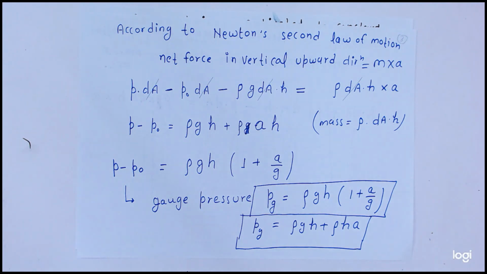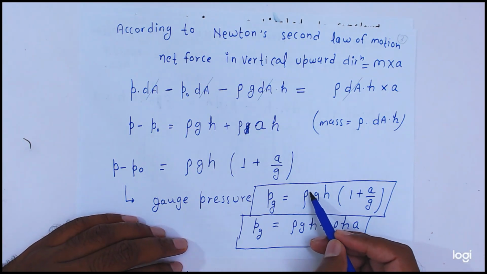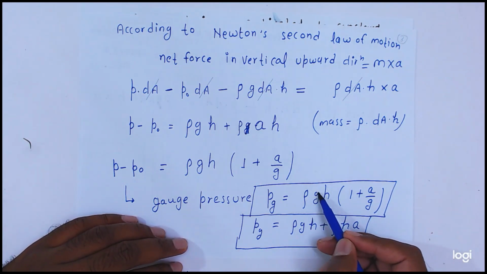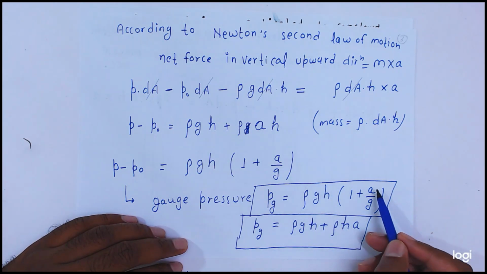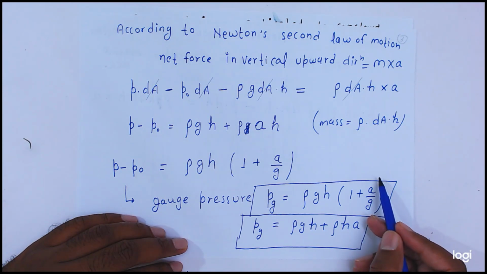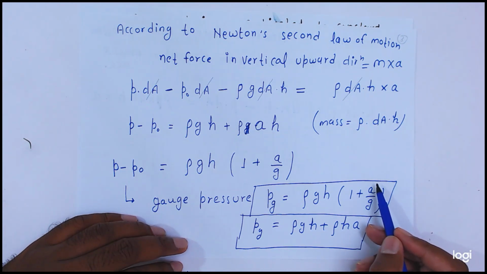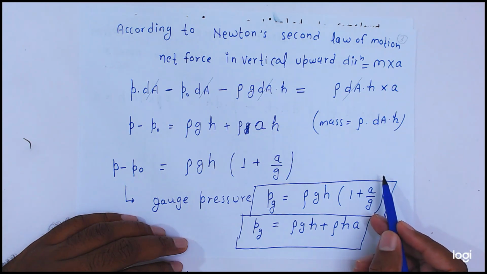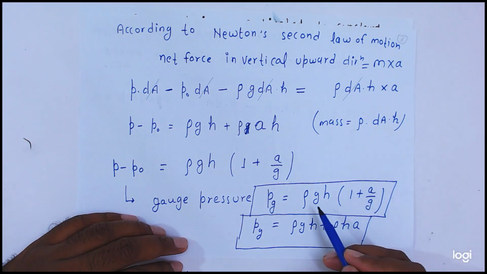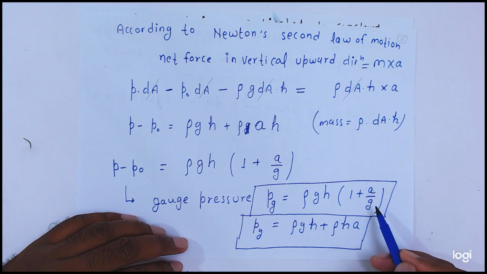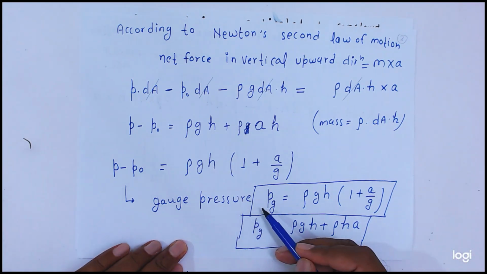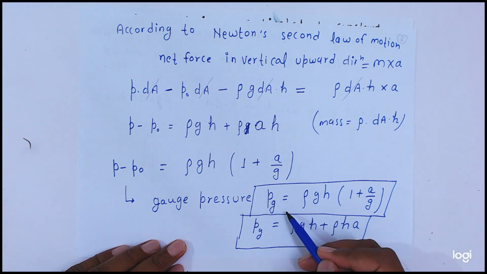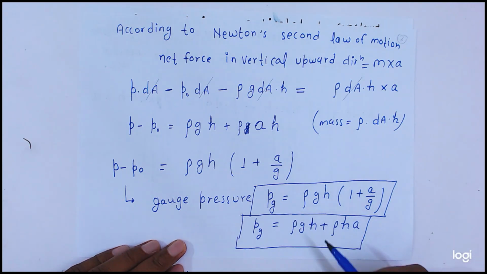You see here, friends, the density of the liquid is constant, g is constant, and a, the acceleration, is also constant because we are taking the movement with constant vertical acceleration. So this term is constant, and one is also constant. So this gauge pressure depends only on h.